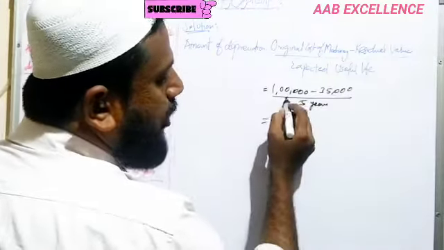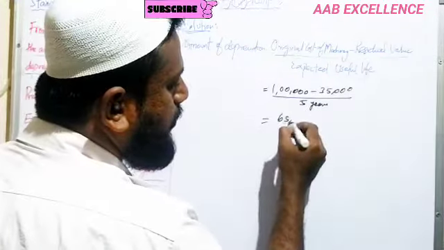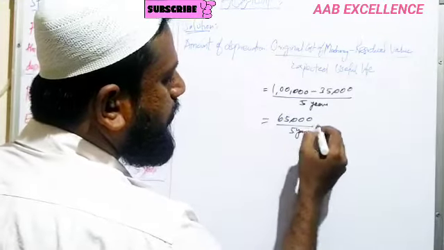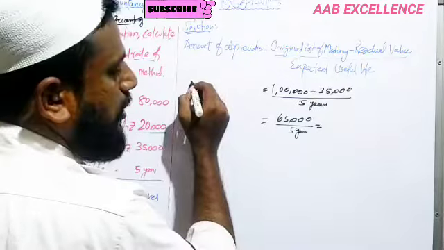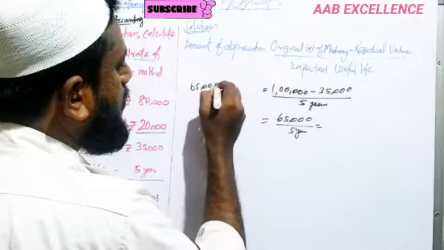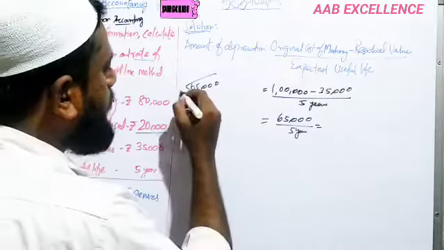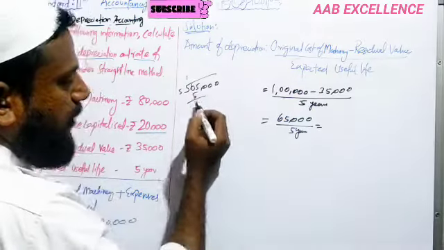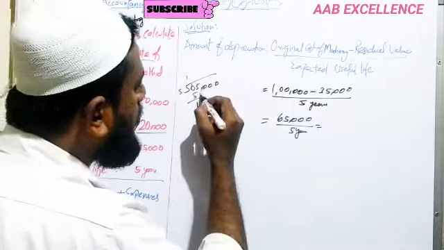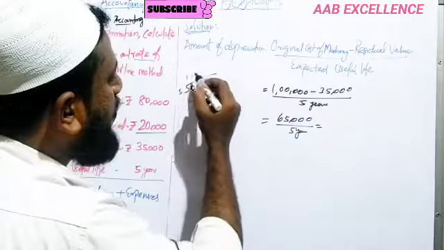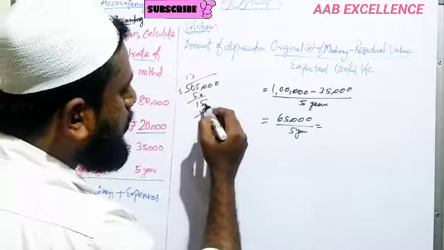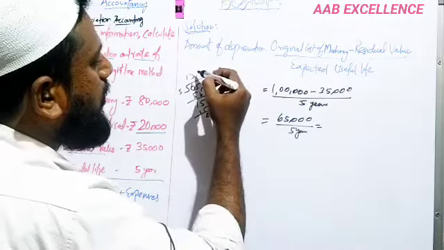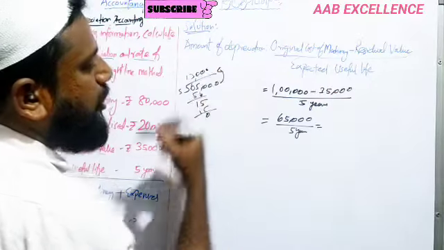Okay students, 1 lakh minus 35,000 is 65,000. Then 65,000 divided by 5. 5 ones are 5, 6 minus 5 is 1. Remaining 1, we bring down the next digit. 5 threes are 15, 15 minus 15 is 0. The remaining 3 zeros we put on the upside: 13,000.